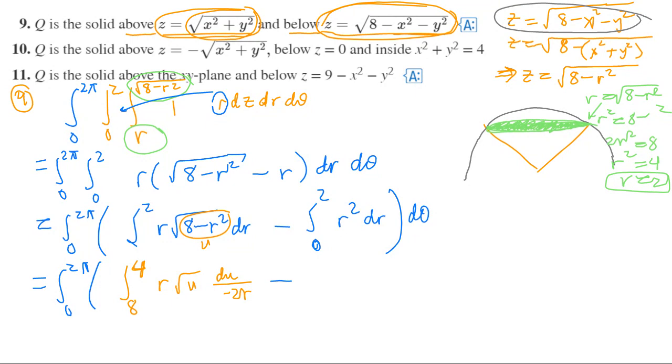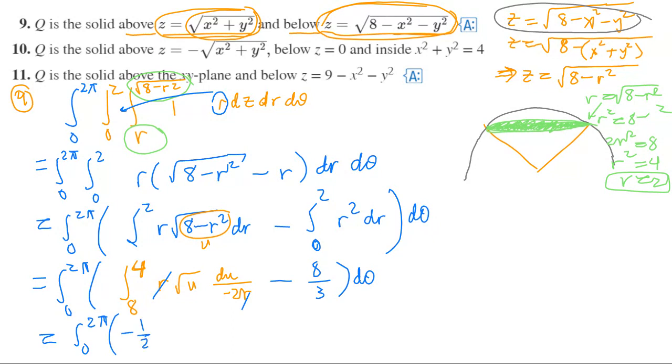And this one is easy, r cubed over 3, so 8 over 3. Now r with r. Minus half outside.